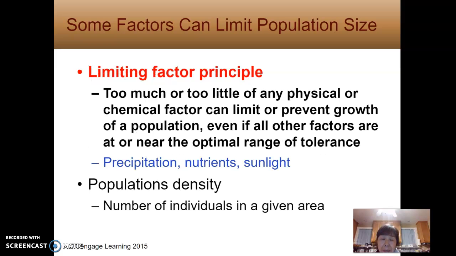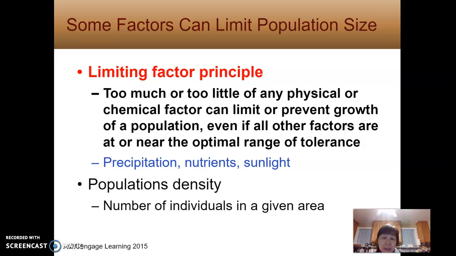So there is a principle called the limiting factor principle. Too much or too little of any physical or chemical factor can limit or prevent growth of a population, even if all other factors are at or near the optimal range of tolerance.